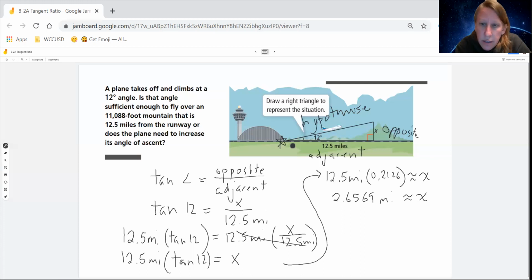And I get, so I'm going to take that and I'm going to multiply by 5,280 because there are 5,280 feet in each mile.